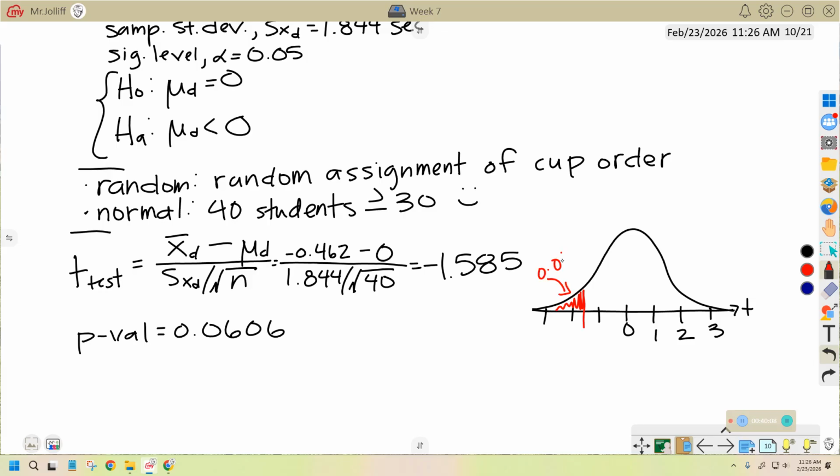So 0.0606 is sitting there. So we expect about 6% of all samples of size 40 from the population to end up with a mean difference time of -0.462 or less.